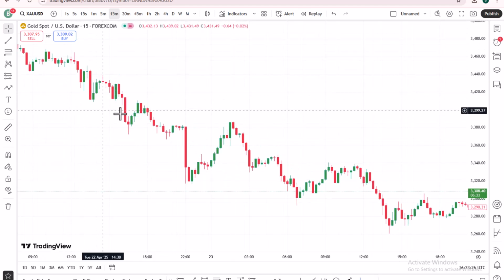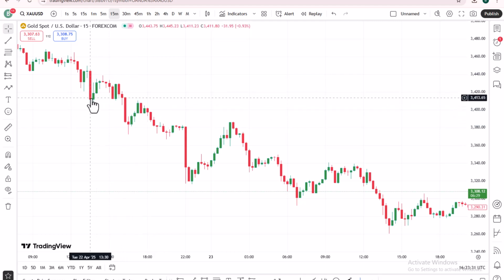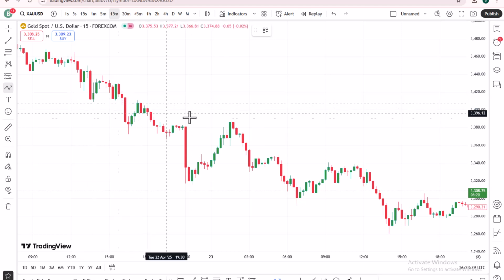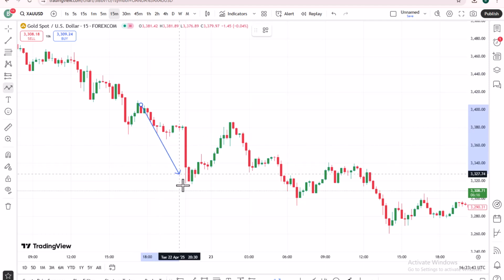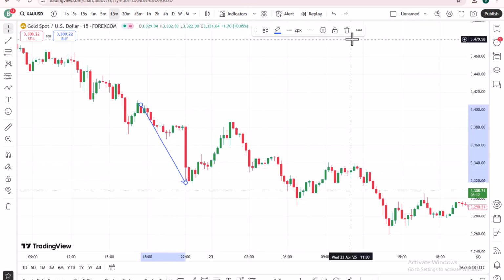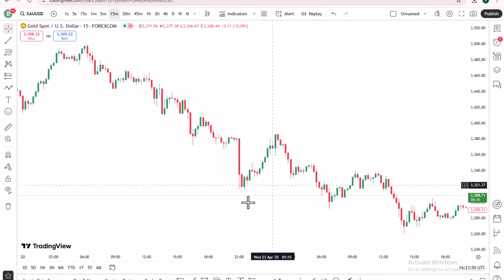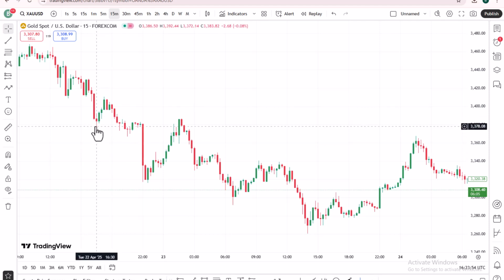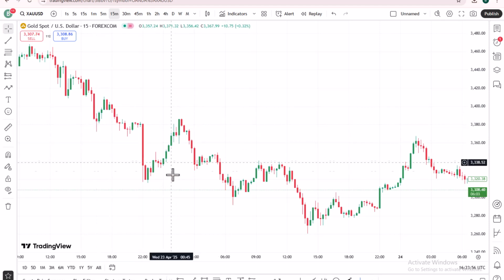And we can see here too, so price came down, pulled back to this point, and when price pulled back, you see what happened afterwards. When price came back to this point, you see what happened. We had this impulse move here, and after that we saw another impulse movement.